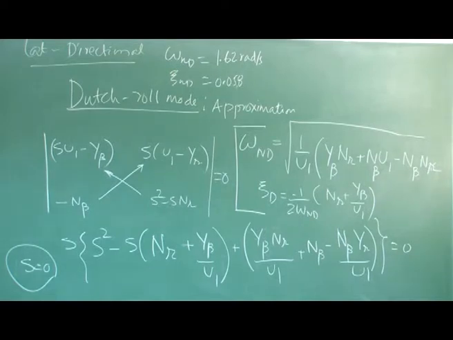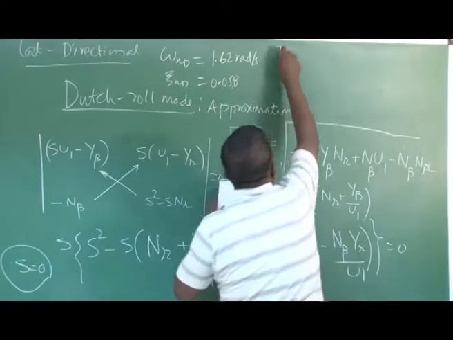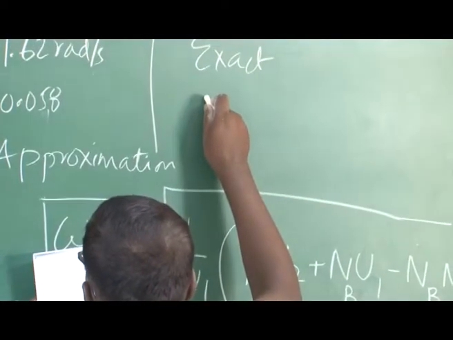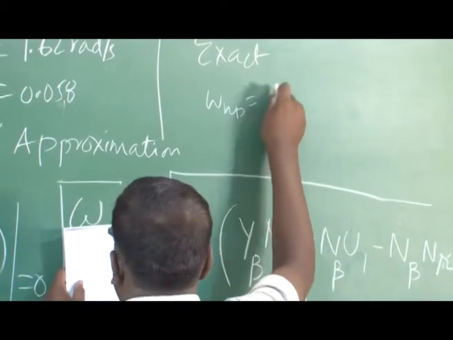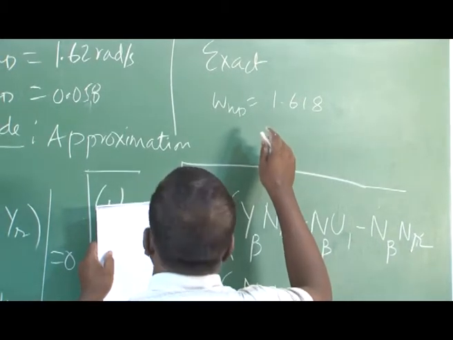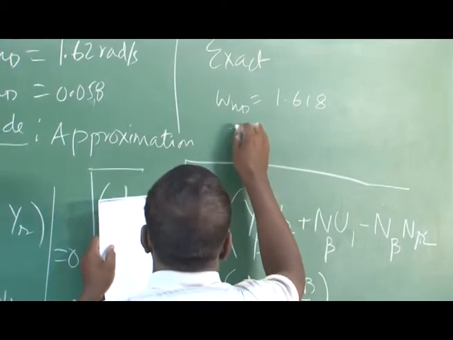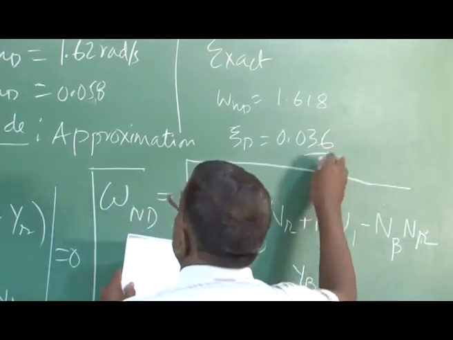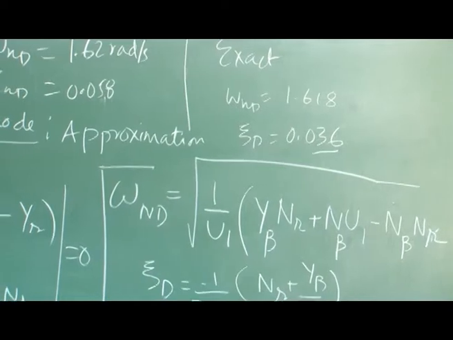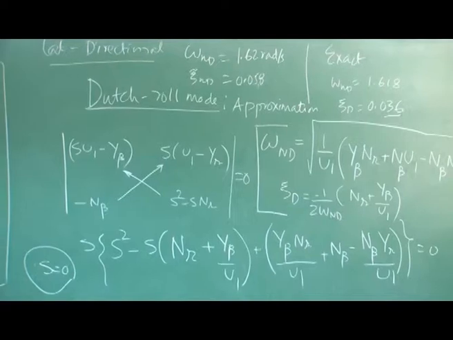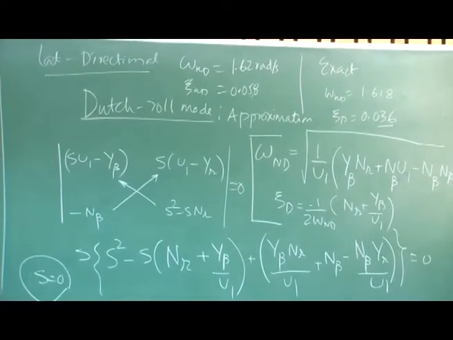But what was the exact value? Let us check it. The exact value of omega nd was 1.618 and zeta was 0.036. So as far as omega is concerned, not that different, and zeta is also close, not that bad.